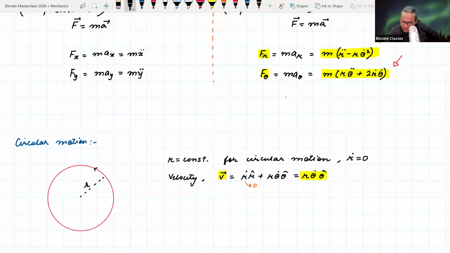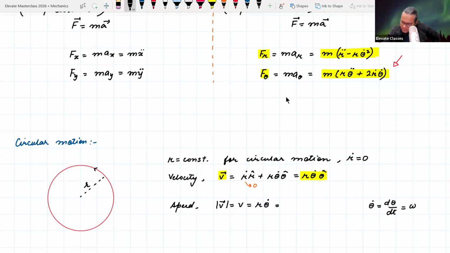So if I want to find out the speed, velocity vector जो speed है, v is equal to r theta dot. That's it. But what is theta dot? Theta dot is equal to d theta upon dt, which is also known as omega, right?